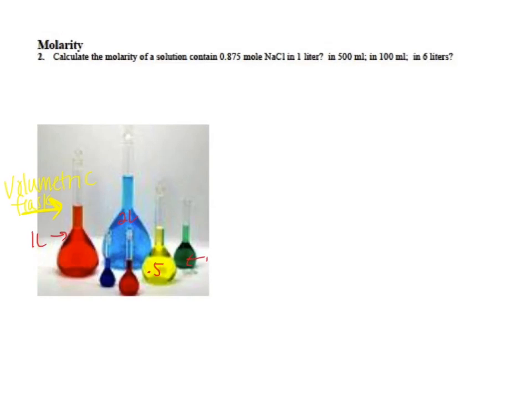Here is a 0.25. This would be 100. And this one would be a 50, 0.050 liter. They have little marks right here. And that is exactly that volume to that mark where you would read the meniscus.